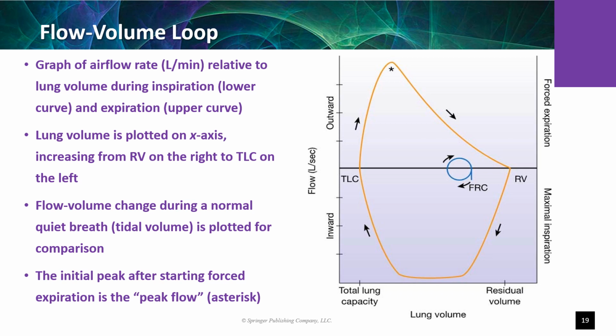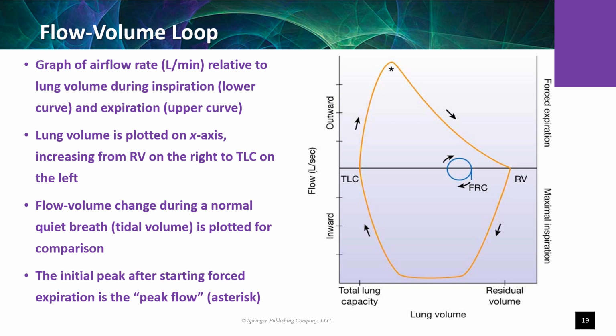The small circle shows the usual flow volume relationship during a normal quiet breath from a volume of functional residual capacity to a functional residual capacity plus tidal volume.